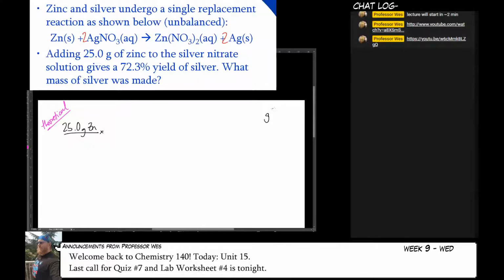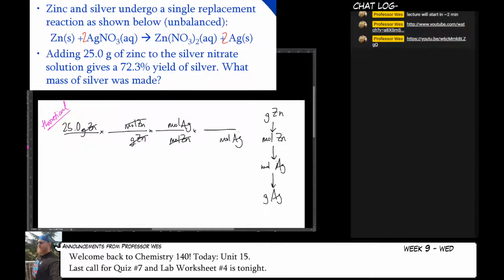So I'm going to turn that from grams to moles, we're going to do our gram-mole-gram. We want to solve for silver, so moles of zinc, moles of silver, grams of silver.